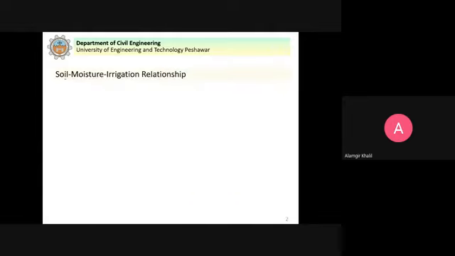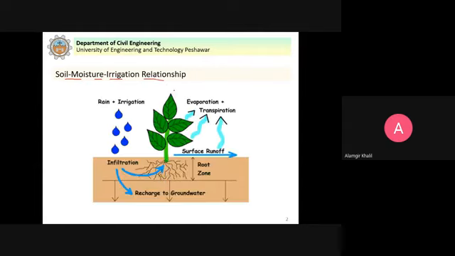Now, we discuss the soil moisture irrigation relationship. You can see that we supply water to the crops, which can come in the form of either natural rainfall or artificial application of water.